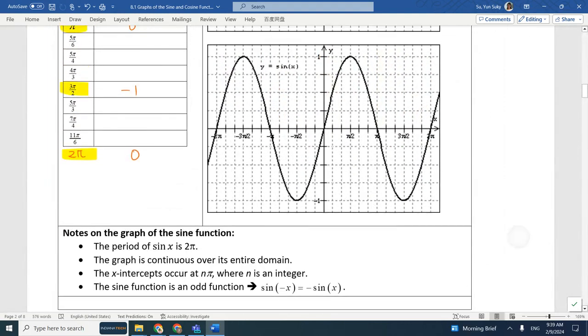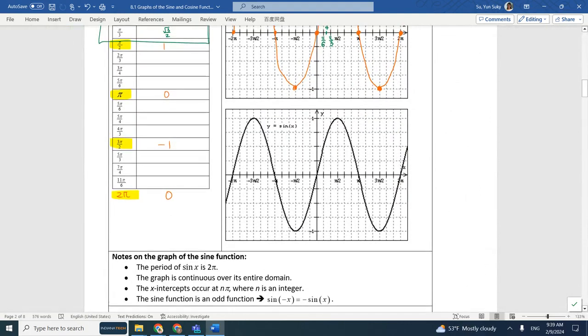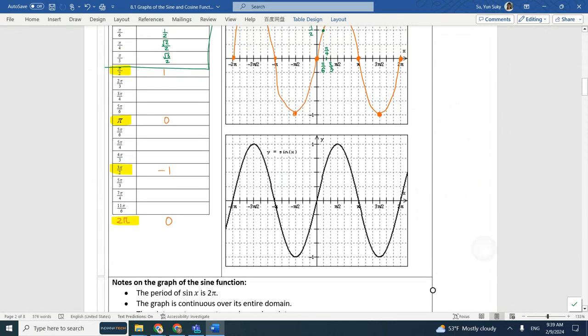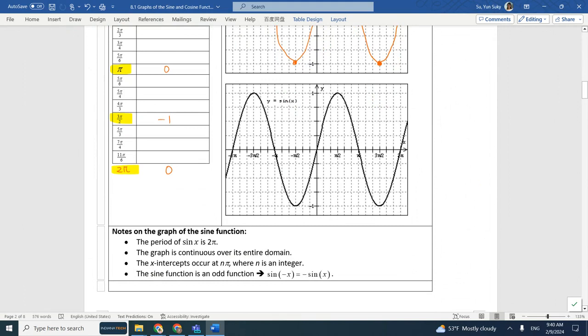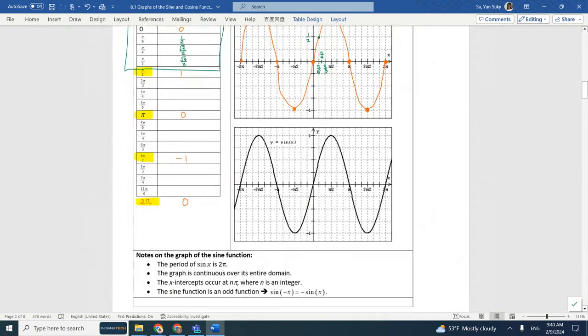Okay, let's continue. The period is 2 pi, and the graph is continuous over its entire domain. Continuous means you draw the graph without lifting the pencil from the paper. And the x-intercepts, where are they?